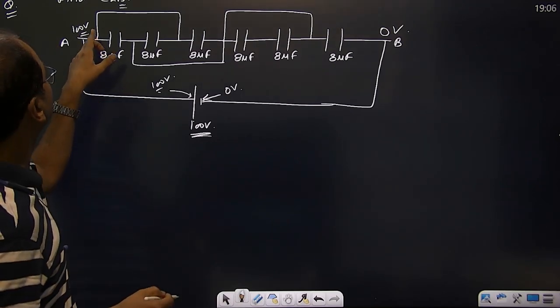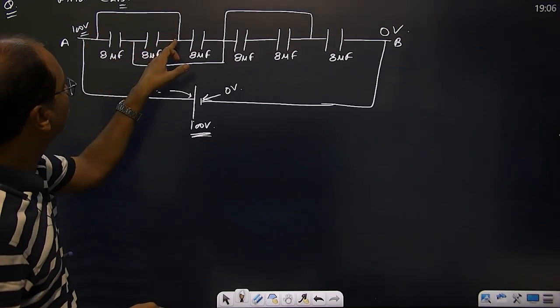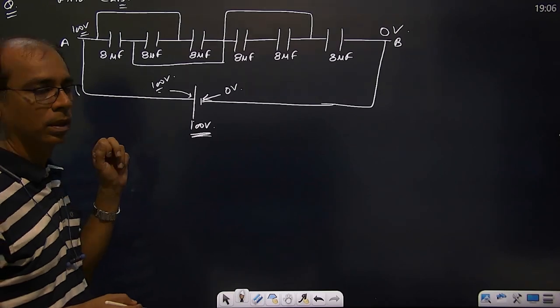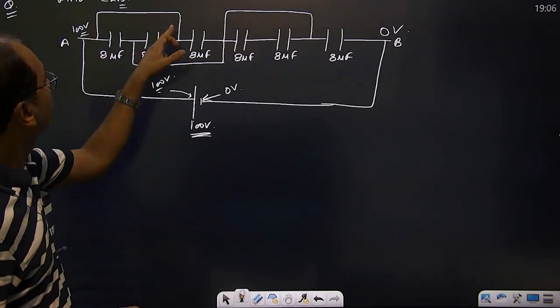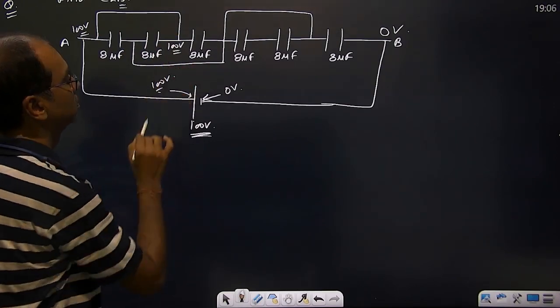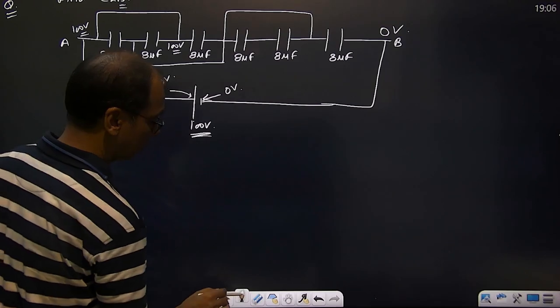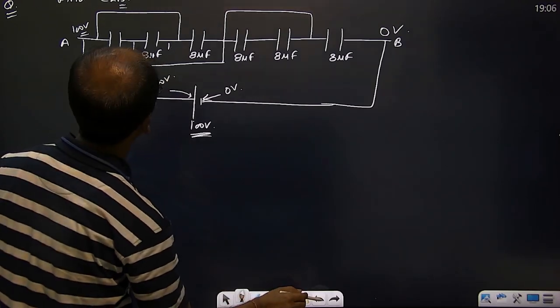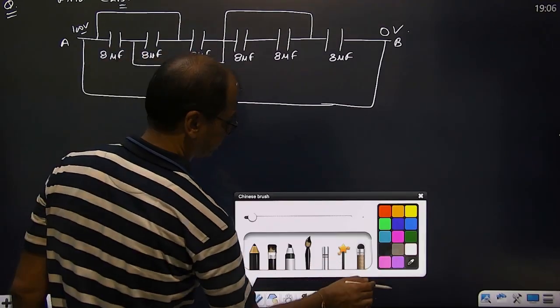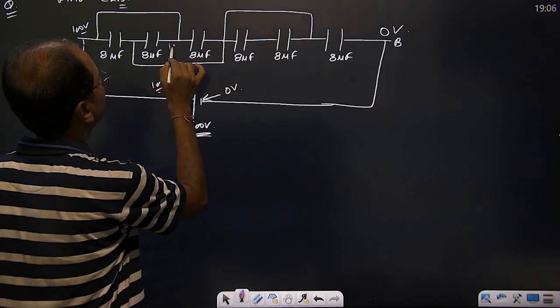But here this connecting wire is going, so here also it will be 100. Absolutely. If this is 100, here also 100 volt is there. This is also 100.